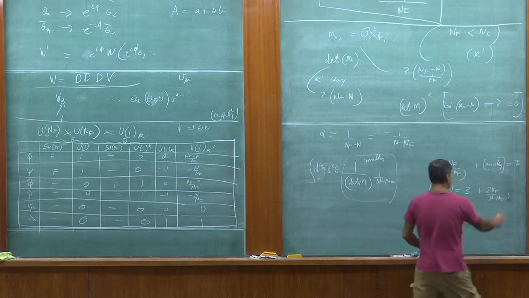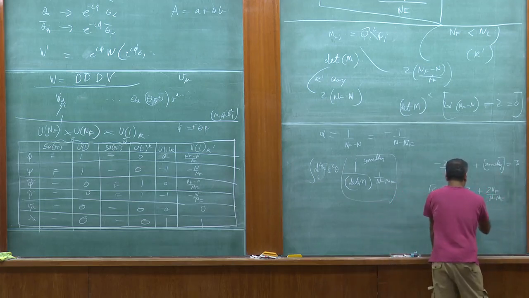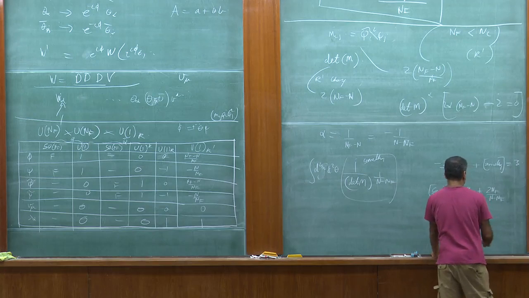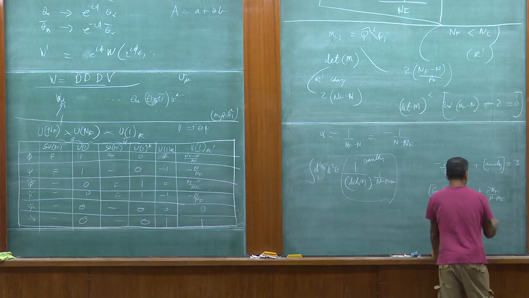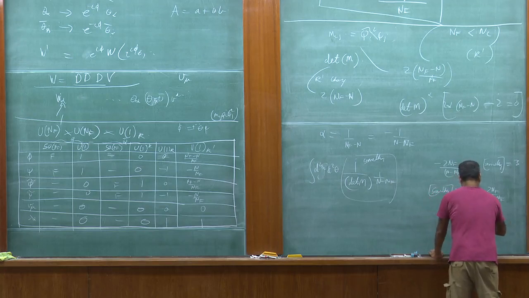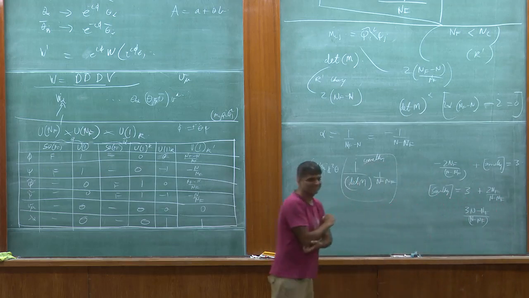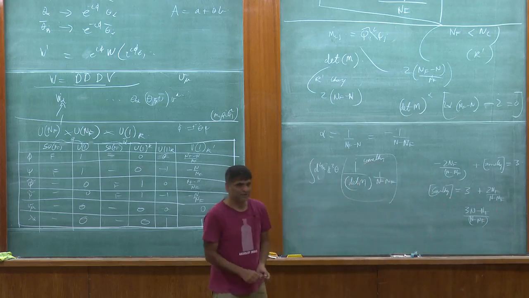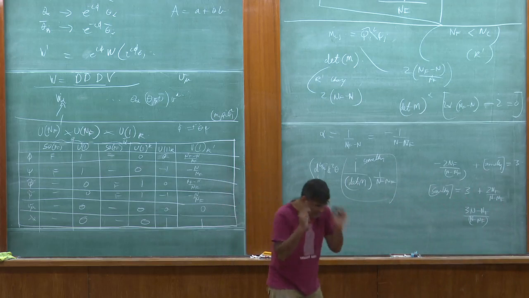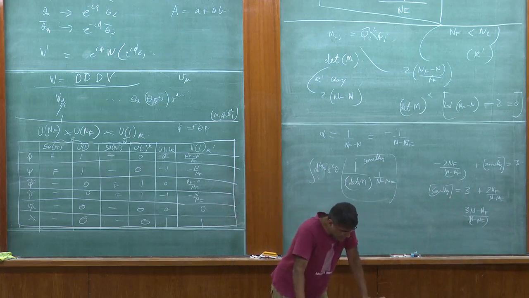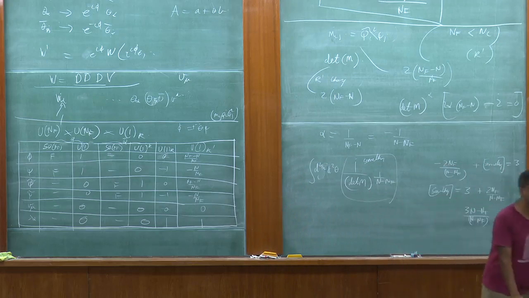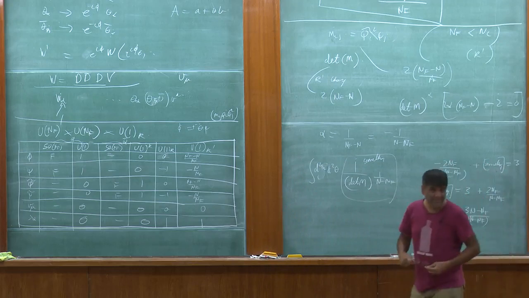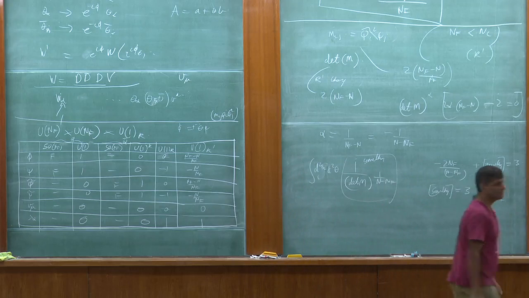Anyway, let me get it and we'll see: 3N minus NF over N minus NF. So that something, whatever it is, should carry mass dimension 3N minus NF over N minus NF. Now, what could that something be? Any ideas?